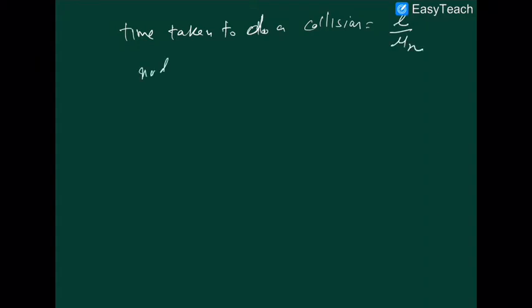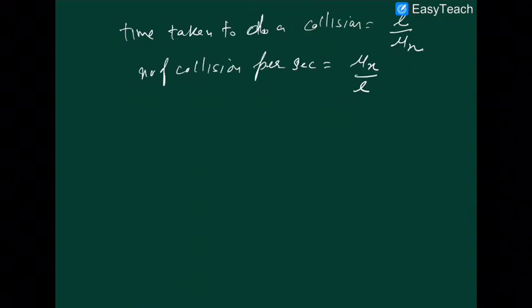So the number of collisions per second will be 1 by the time taken, that is 1 by t.